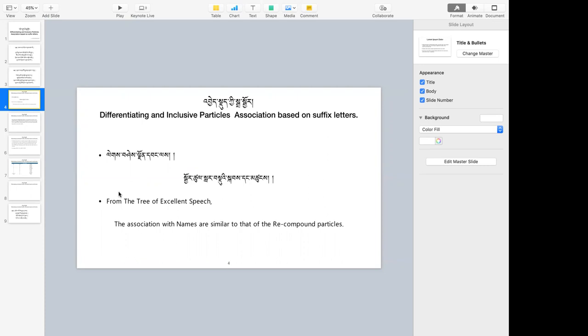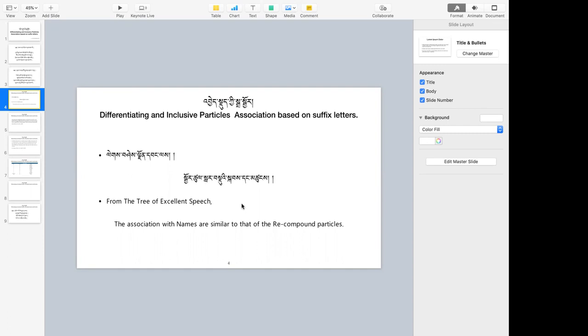Lerdu, we have hakyukuyi, which is the relative particle. What it does is that it relates this and this line. It says lerdu kaptang chung, meaning it is similar to the manner that we did during the recompound particles.